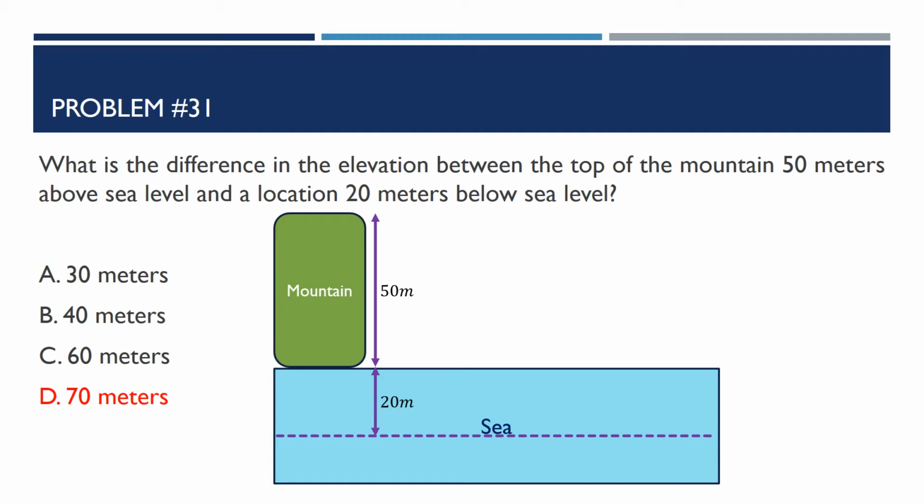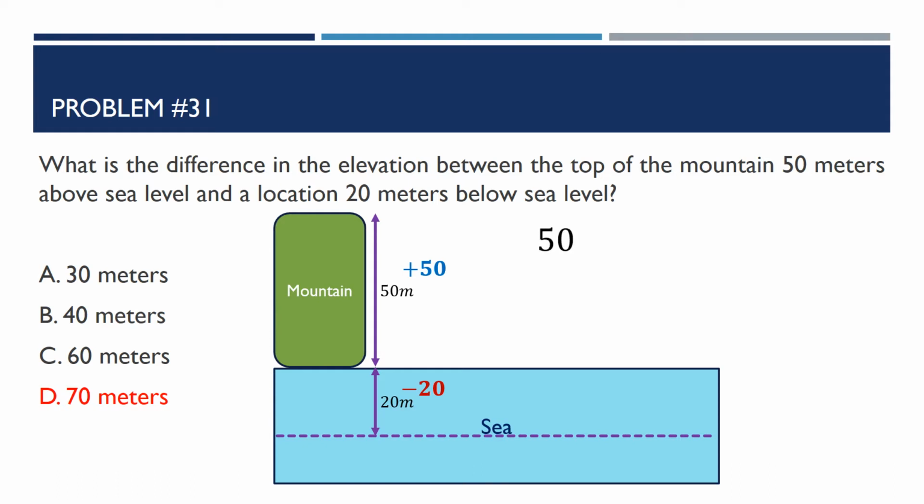So this 50 meters represents positive 50 because it's above sea level, and 20 meters is negative 20 because it's below sea level. So the sea level represents the 0 or just neutral.